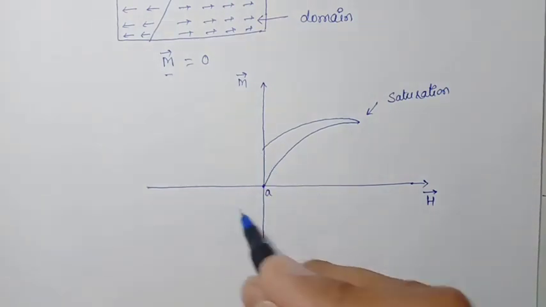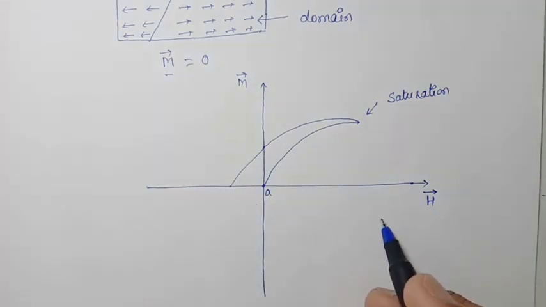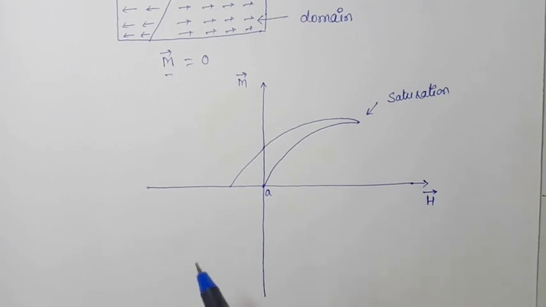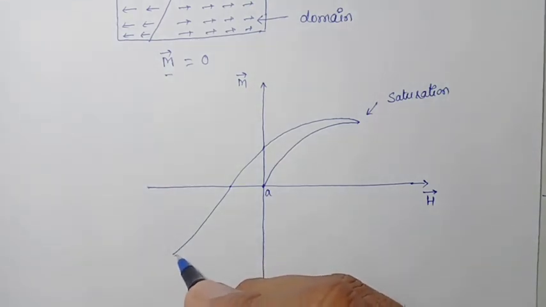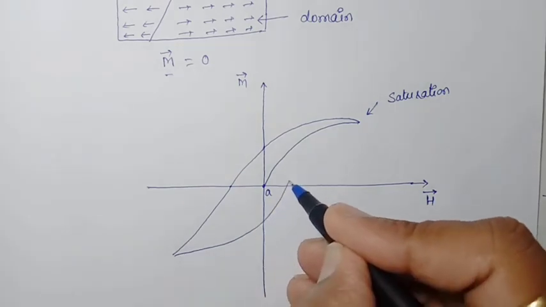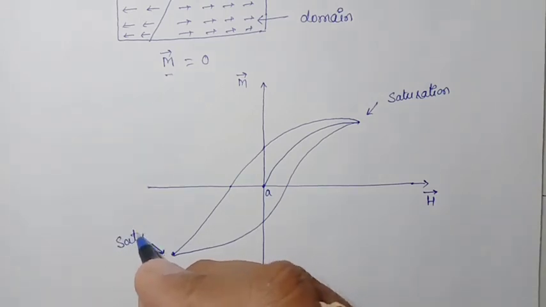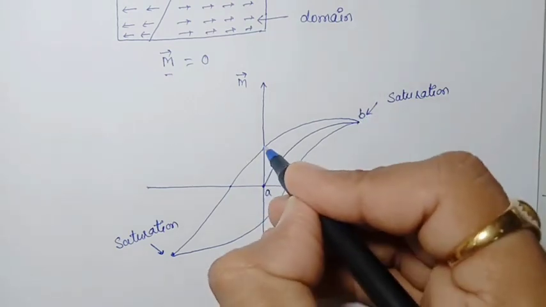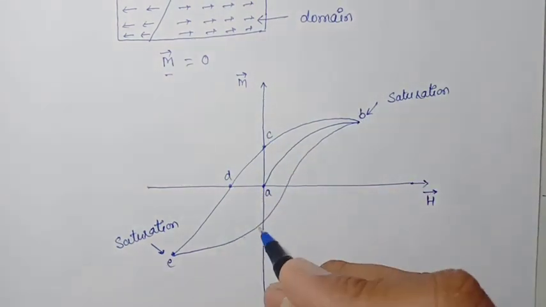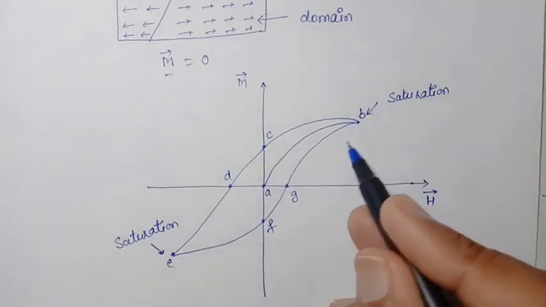If we further reduce the field in the negative direction, the magnetization goes to 0 when we apply a negative auxiliary field. If we increase it further, it moves like this, and if we further reduce the auxiliary field, it follows this path. At this point we have saturation, and also at this point we have saturation of magnetization. Suppose the points are A, B, C, D, E, F and G.